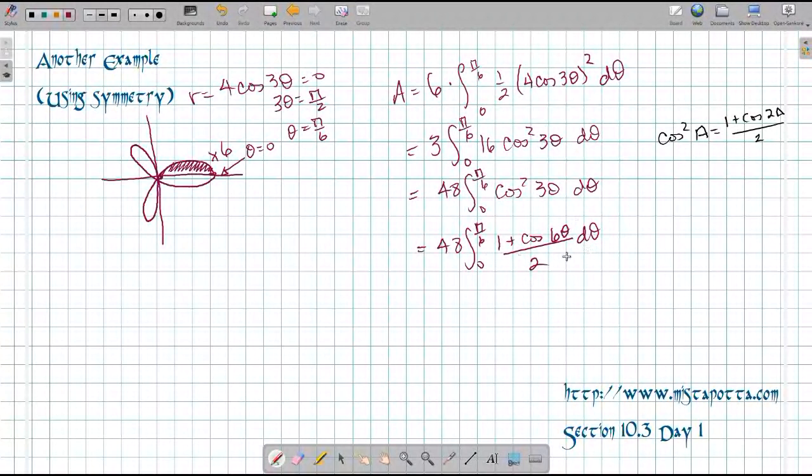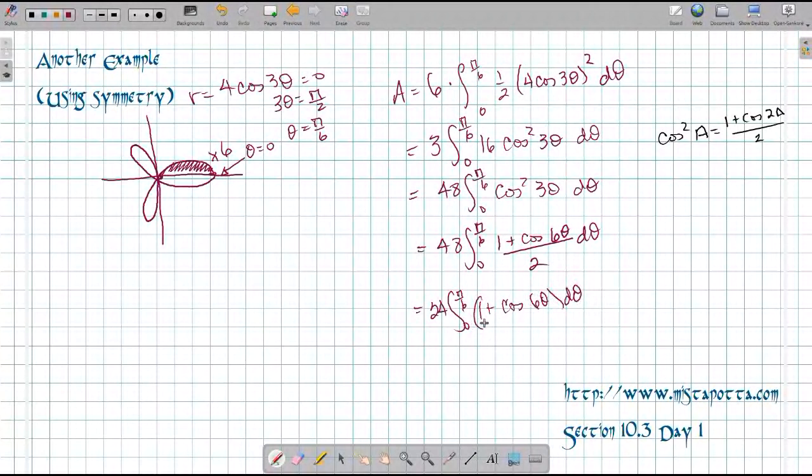So this is what I actually want to go about and integrate. So bringing out the 1/2, I've got 24 times the integral from 0 to pi over 6 of 1 plus cosine 6 theta d theta.